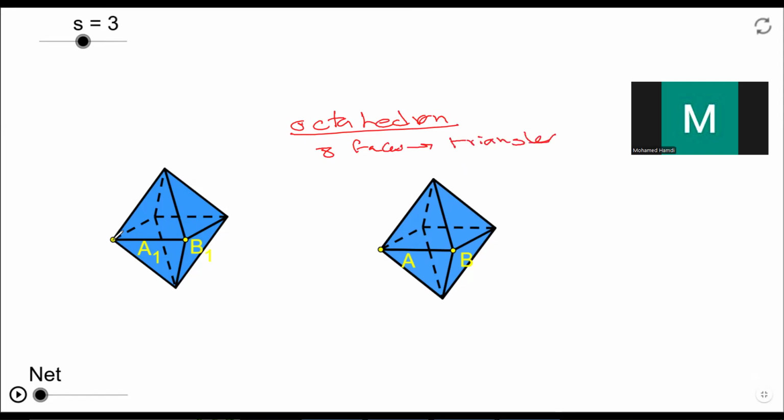And the octahedron has 6 vertices. You can find that the octahedron has 12 edges. Count with me: 1, 2, 3, 4, 5, 6, 7, 8, 9, 10, 11, 12.